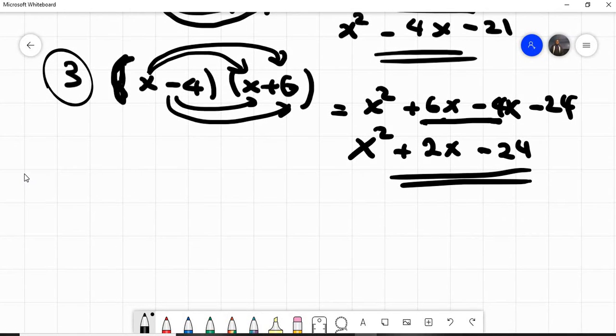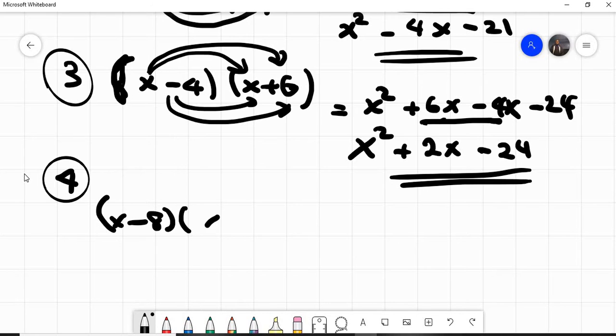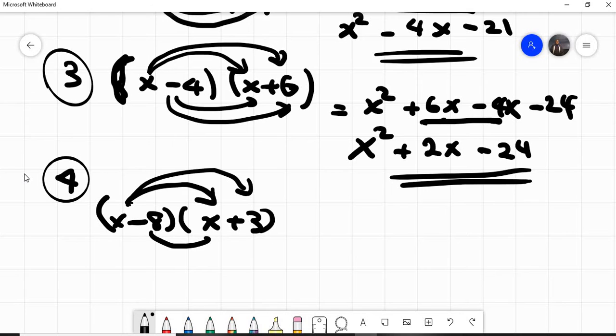Now we do example 4. We're given x minus 8 times x plus 3. So we do x times x, and then x times plus 3, and then negative 8 times x, and negative 8 times plus 3.